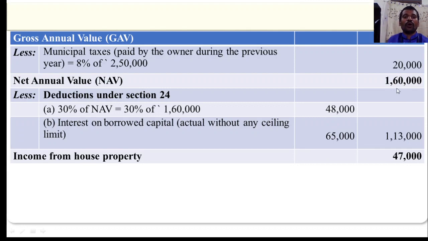Out of 1,60,000, if we deduct 1,13,000, the rest of the amount is treated as income from house property, that is 47,000. Is it clear? I hope that you understand the calculation procedure. Okay.